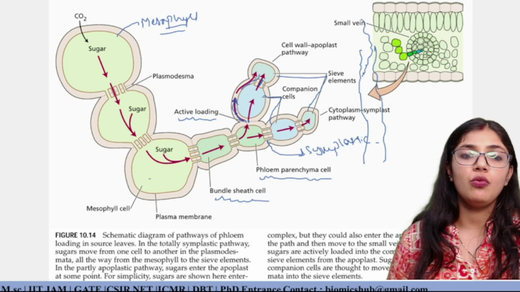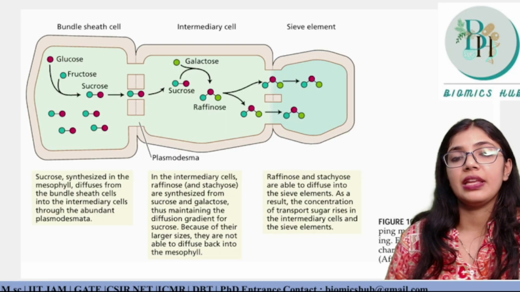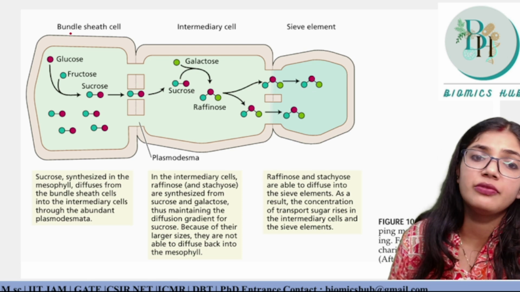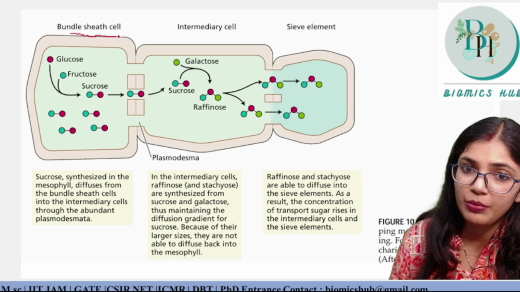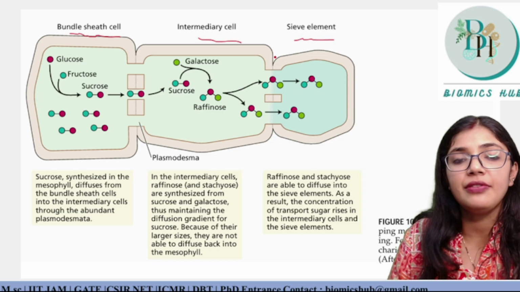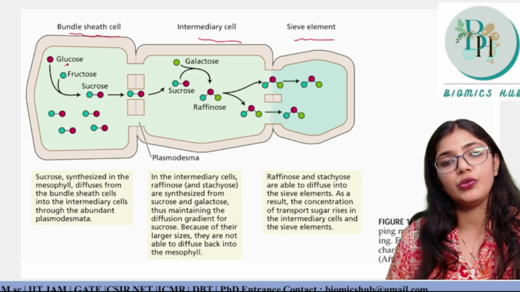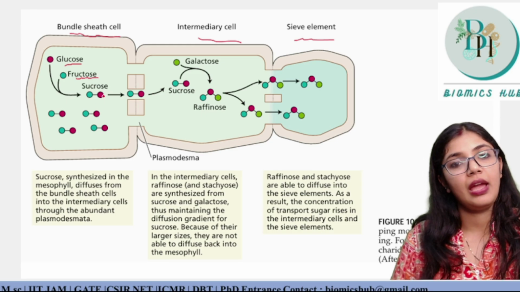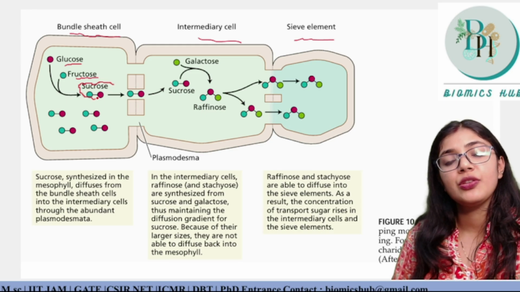Okay, now what next? Next is what happens when the sucrose is first transferred in the bundle sheath cell, then intermediary cell, then next is the sieve element. So what happens is glucose which is present, it combines with fructose and it forms a sucrose.